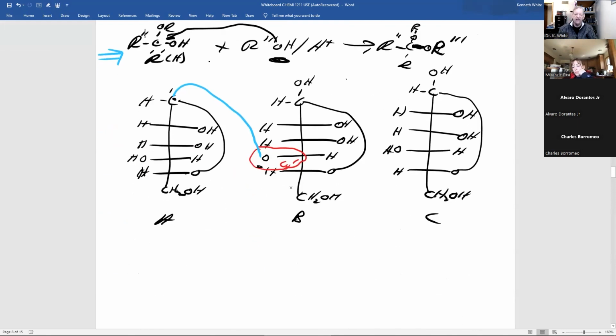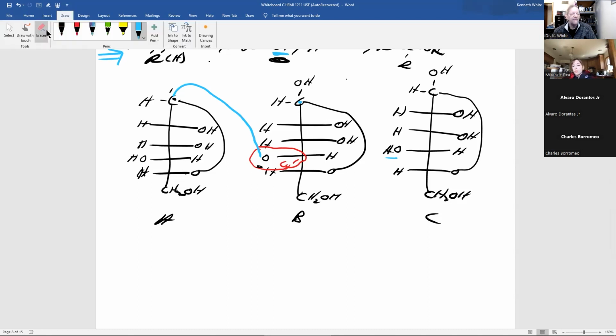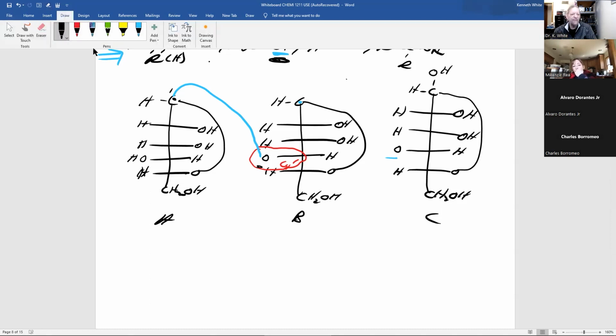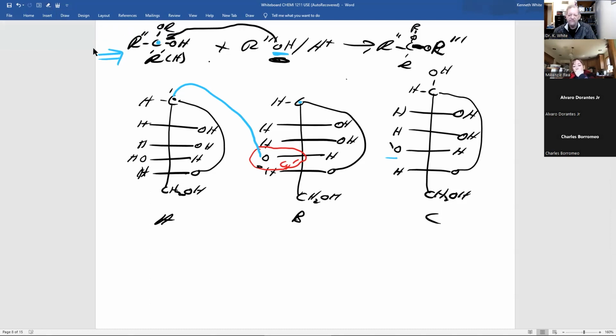Now, if you look at B and C, once again, this carbon is this carbon. This alcohol is this alcohol. And, oops, wrong color.